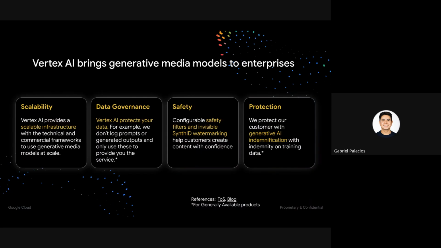And why so? It is because you have a lot more scalability capacity. As I mentioned, we have plenty of GPUs and TPUs in our backend that we use to serve those models. Because of that, we do not enforce the 500 videos a day limit in Vertex AI.